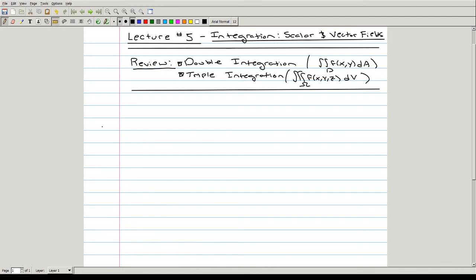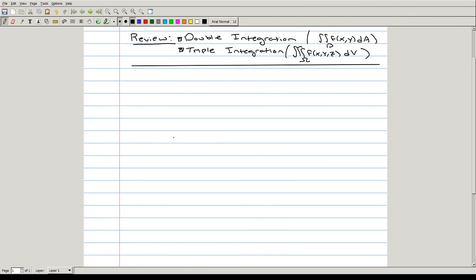So the main thing that we're going to start with is what's called the concept of line integration, or the line integral.